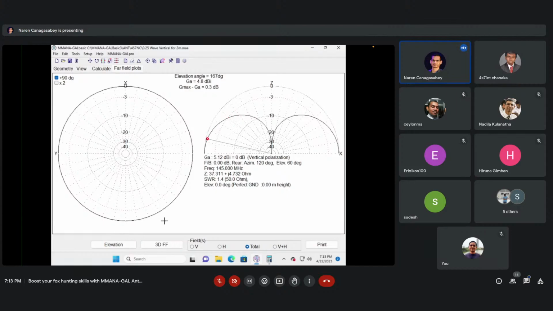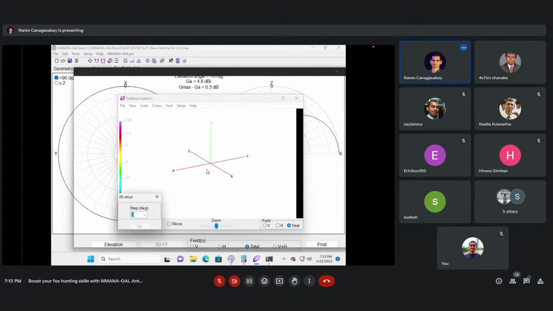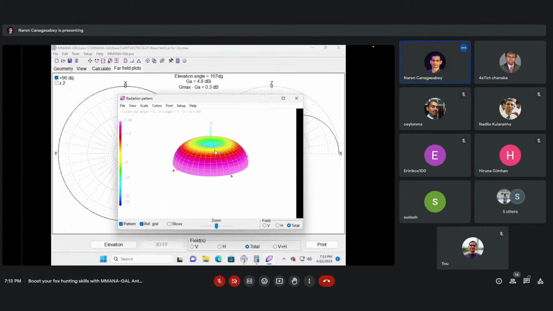Right. And for a 3D plot, let me give 3D far field. So this is what the antenna would look like, looking from top and sideways.